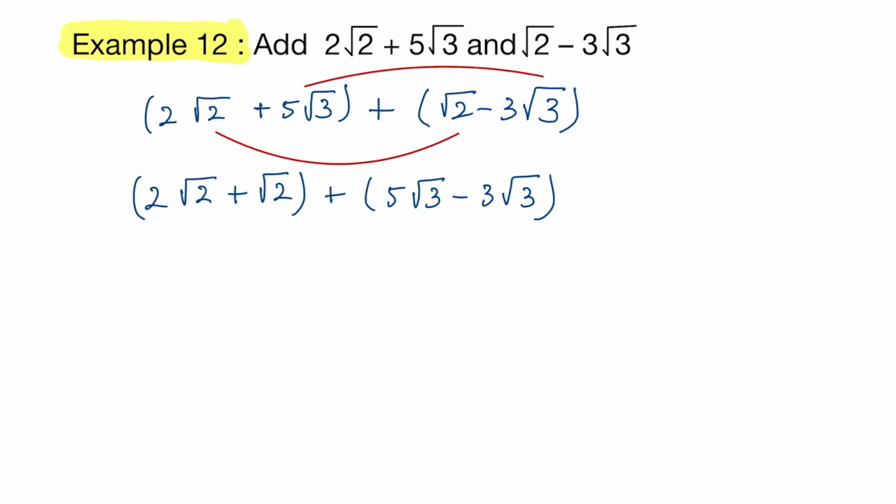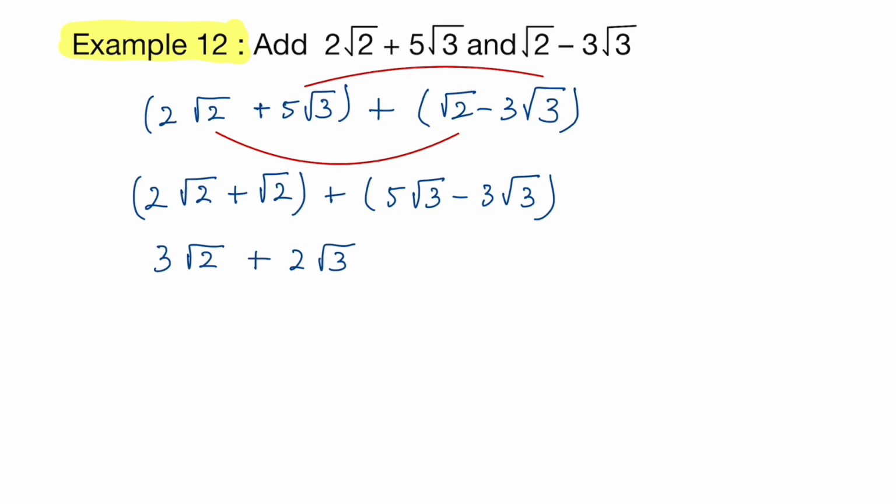2 root 2 plus root 2 is 3 root 2, right? It's quite obvious, 2 root 2 plus root 2 is 3 root 2. And the second term, 5 root 3 minus 3 root 3, and that is 2 root 3, right?